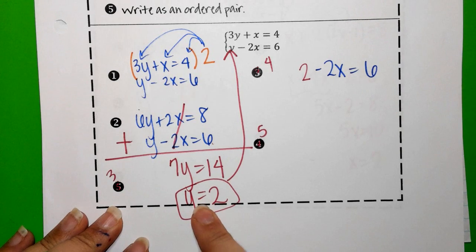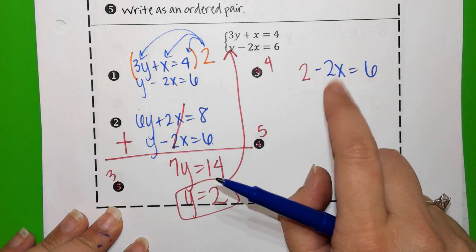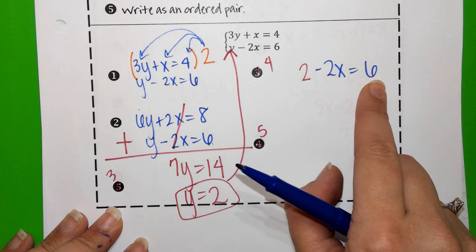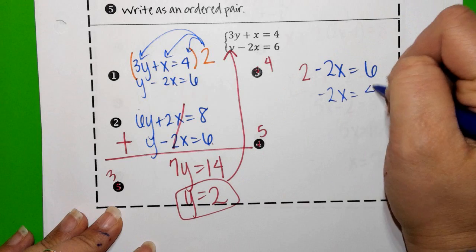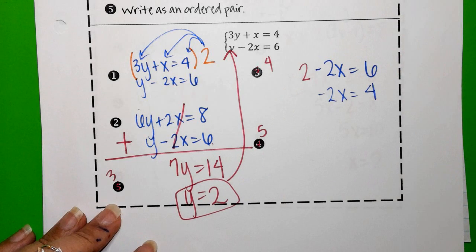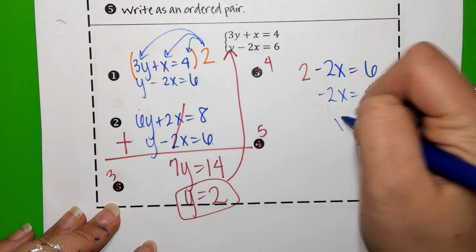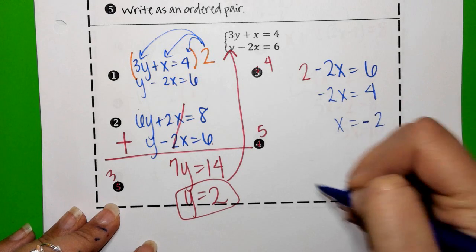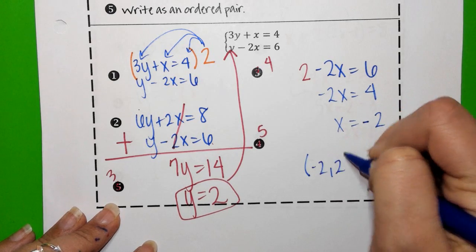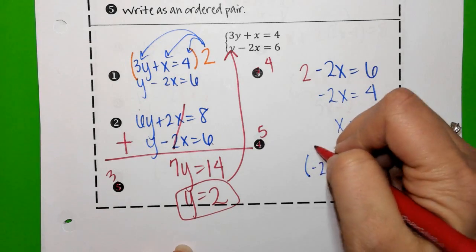I took my y value, I plugged it in for y, because now I have to solve for x. Now, how would I move this 2 over here? Minus 2 minus 2. So negative 2x equals 4. So what does x equal? Negative 2. And our solution is negative 2, 2.